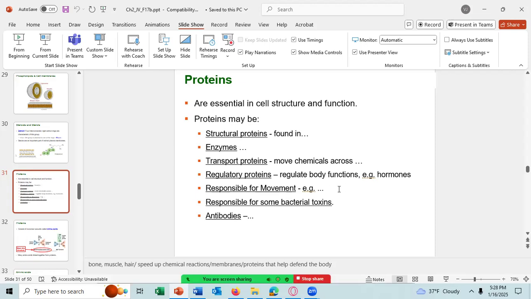There are some toxins which are not proteins, but the majority of them are proteins. And then there are some proteins that we call antibodies. These are proteins that animals make to help defend the body from foreign infection. Any question about any of that?